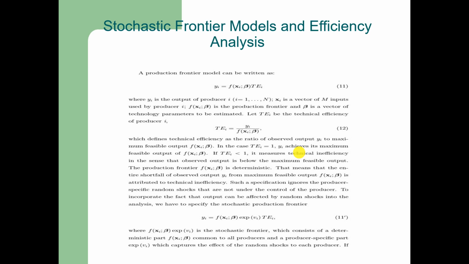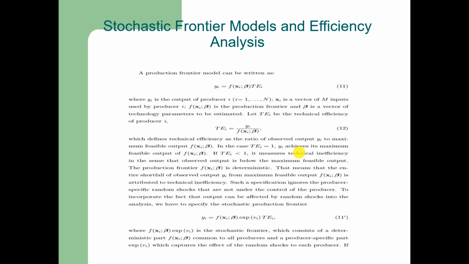Let us suppose technical efficiency of the producer i can be written as a ratio of the observed output yi divided by f of xi beta, which is the optimal or the maximum feasible output.